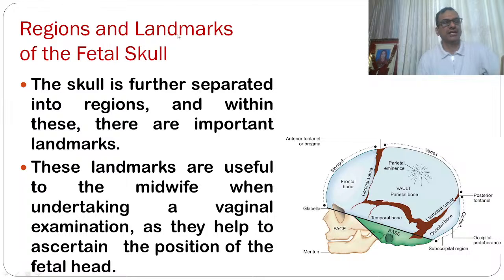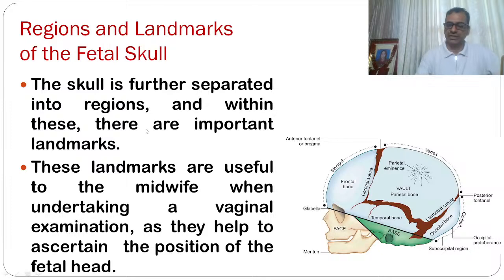Now, regions and landmarks of the fetal skull. The fetal skull is further separated into regions, and within these there are important landmarks. Before this we should understand why these landmarks are important: they are useful for midwives when undertaking vaginal examination, or PV examination, as they help to ascertain the position of the fetal head.